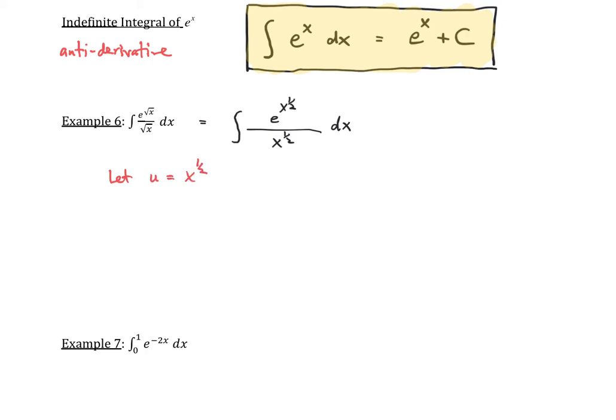At this point, we only know two types of integration techniques. One is change the way it looks, and the other one is u substitution. So I'm going to use u substitution in this case, and I'm going to let u be equal to this x to the 1/2 power.